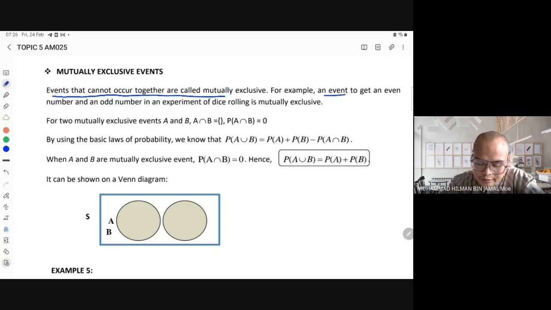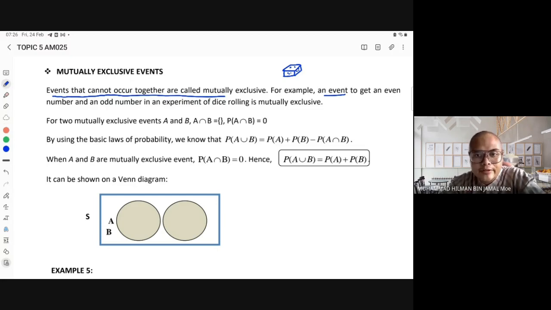So contoh dia adalah, bila kita baling dadu, kita akan dapat nombor kan. So bila kita akan dapat nombor tu, untuk mendapatkan nombor genap dan nombor ganjil dalam masa yang sama memang tak logik. Okay, memang tak boleh lah.